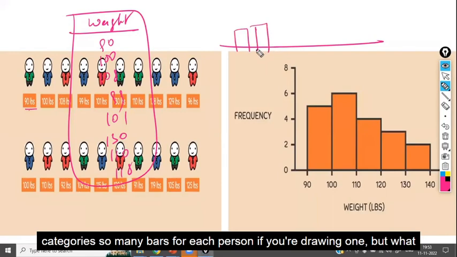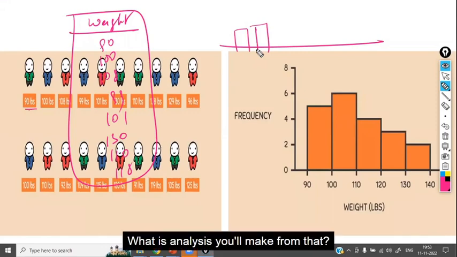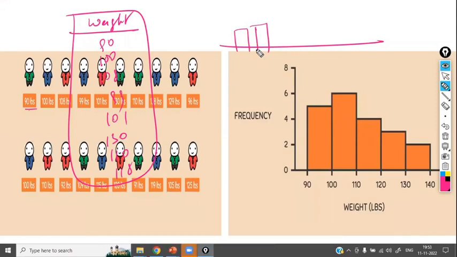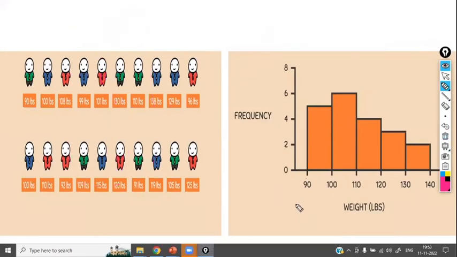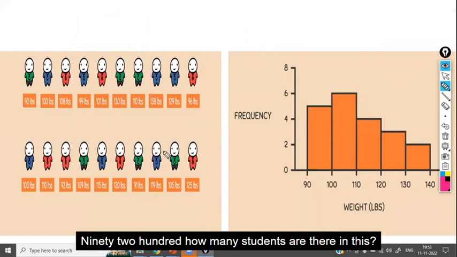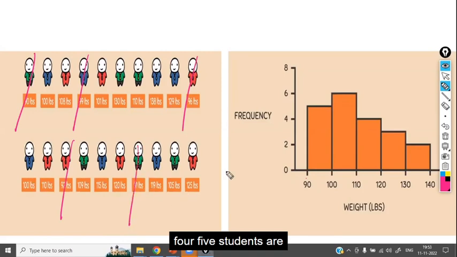For each person, if you draw one bar, what analysis will you make from that? Now the same thing, if you bring it from 90 to 100, how many students are there? 1, 2, 3, 4, 5. Five students are there, so you draw a bar up to 5.